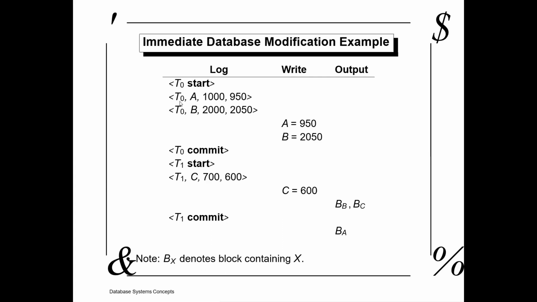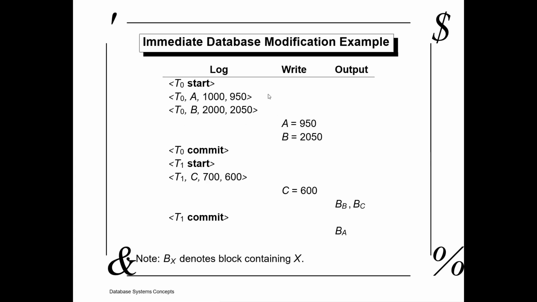Okay. Take the T2 transaction. T2, comma, A, comma, old value 100, comma, new value 200. T2, comma, A, comma, 100, comma, 200. It is stored like this. So how will the B value be written into the log file?